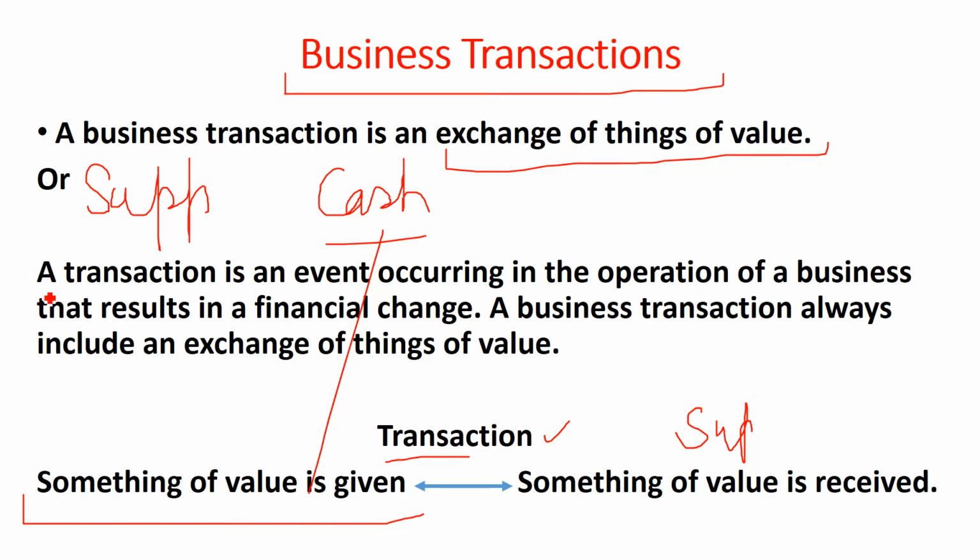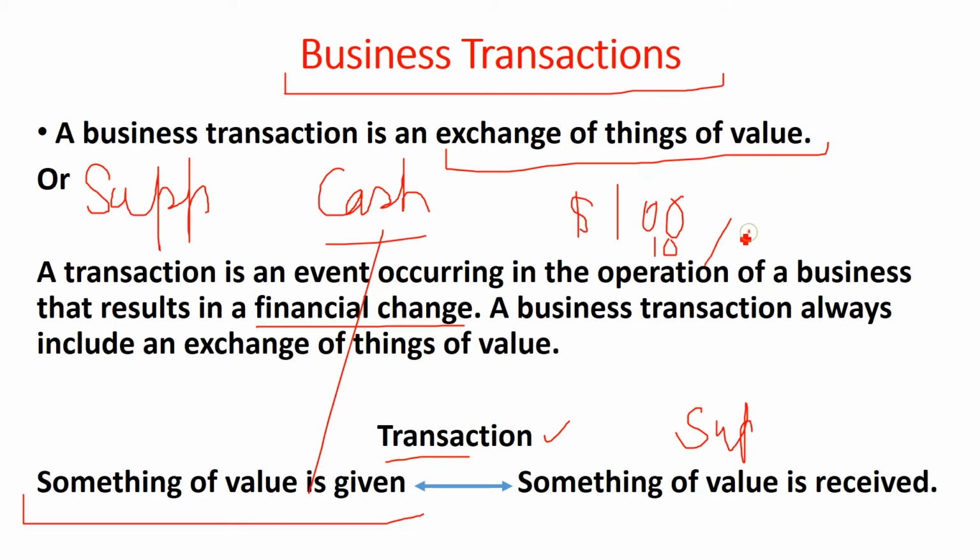See here, I have mentioned that a transaction is an event occurring in the operation of a business that results in a financial change. Financial change means, suppose we have $100, and we buy supplies of only $10, so we are reducing our cash.